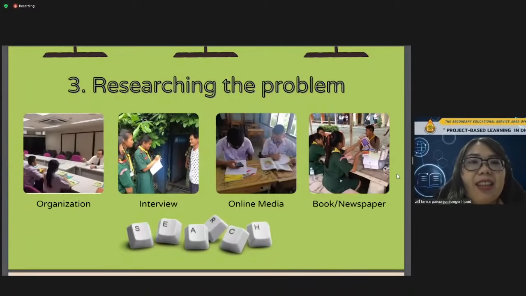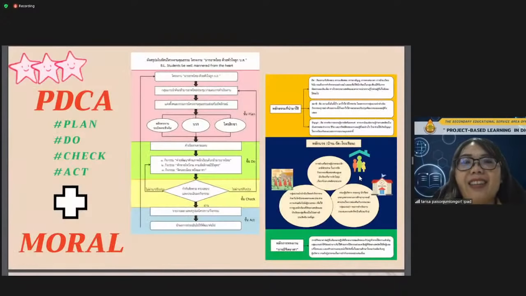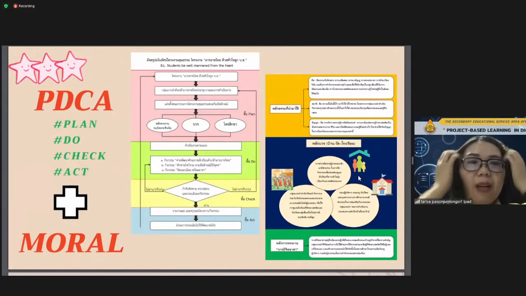Next is PDCA. I think you guys have heard about PDCA. After they collect and research data, the students need to arrange the steps of their action plan before they really do the activity.